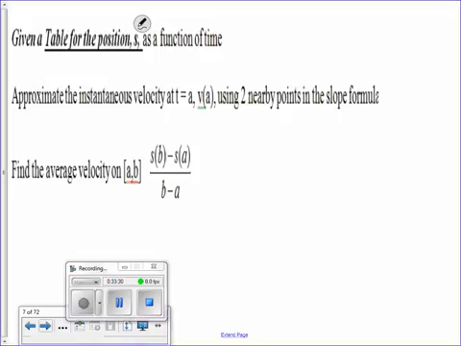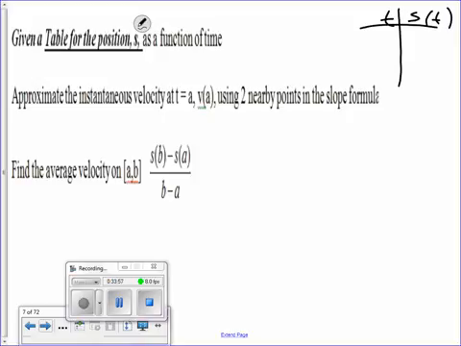This is good. The last thing they could do is give you a table of values. Let's say they gave you a table of values for the position, so for certain times the position. If they said approximate the velocity at time 3, you just use two nearby points.